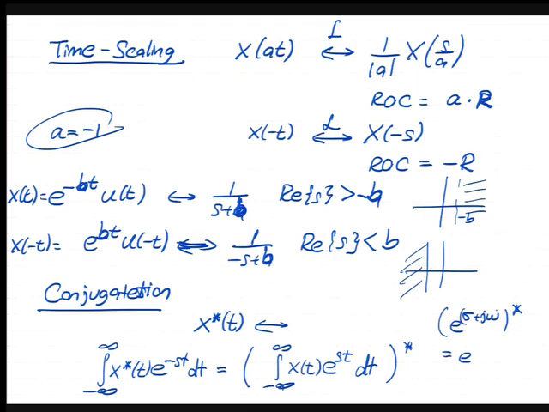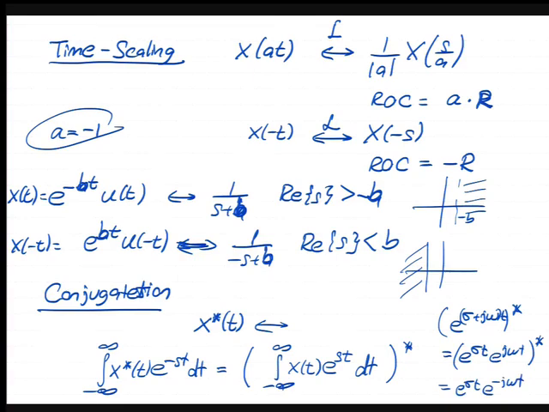That is e to the sigma t, which is real, times e to the j omega t. So we are starring this, which means starring each component. The real part starred remains the same, and the imaginary part starred becomes negative j omega t, right?